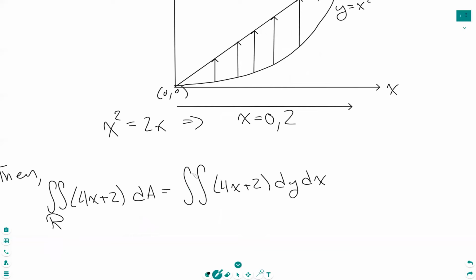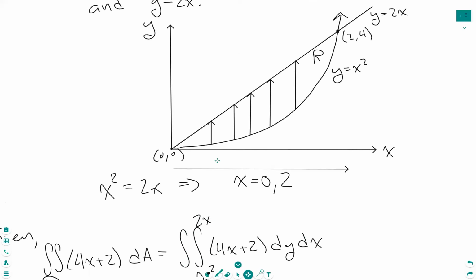So I have to put bounds on this still. So my y integral starts at the parabola and ends at the line. And I need them to be functions of x, so that when I do this x integral, I get rid of them. So now I have to think about what my x bounds are.